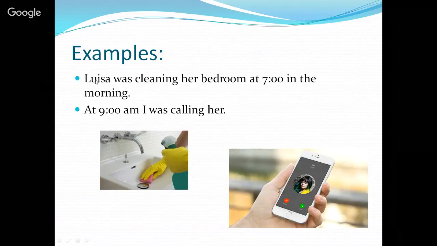As we can check, in this example, we refer to a specific time in the past, and I don't know if the action is finished. And also, at 9 o'clock a.m., I was calling her. I am at a specific time in the past. So it's an action that happened at a certain time, like in this case at 9 o'clock a.m., and I refer that I was calling her at that specific time.